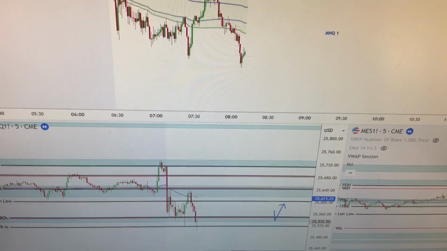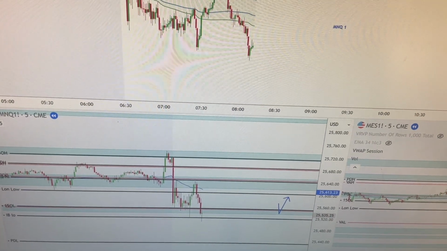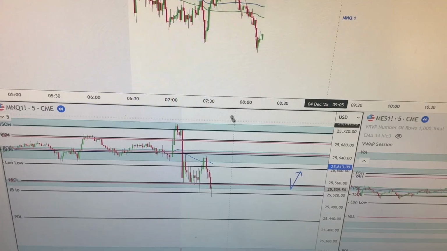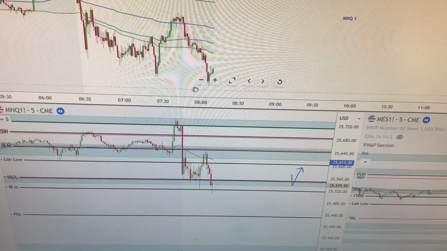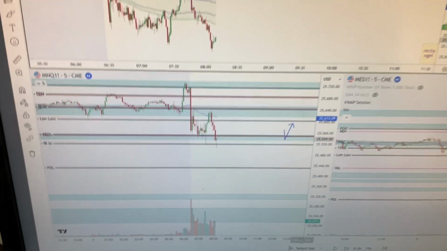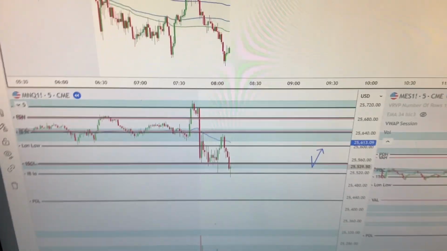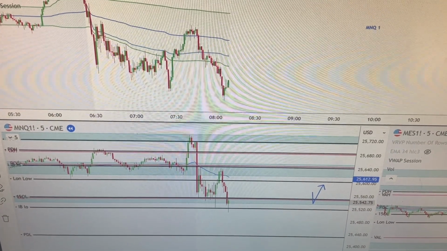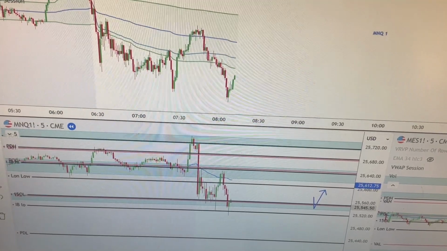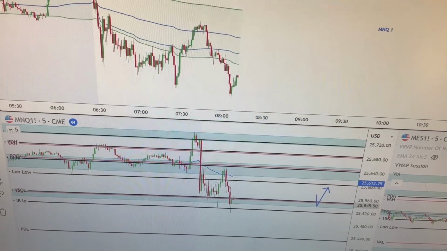The 1 minute up here, showing both the 1 minute and the 5 minute together. So that's a good view. Okay, 1 minute showing some momentum. Okay, 5 minute has just closed.